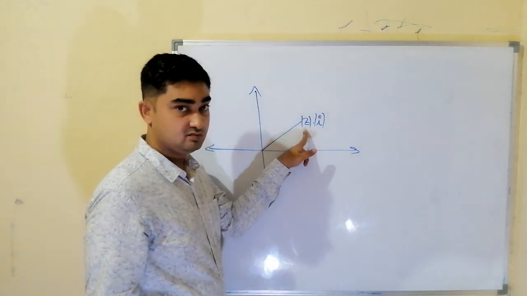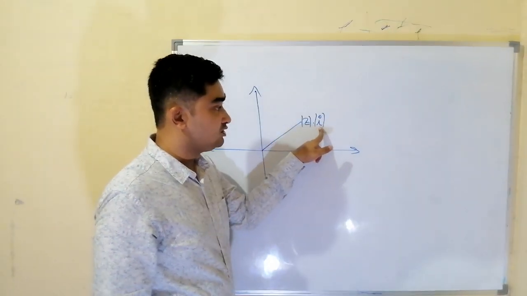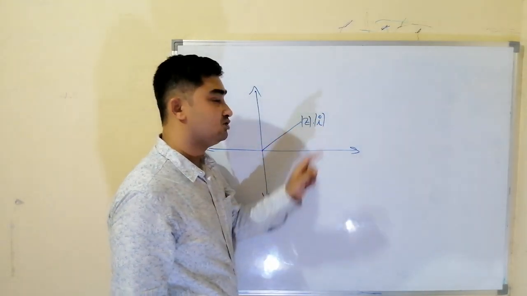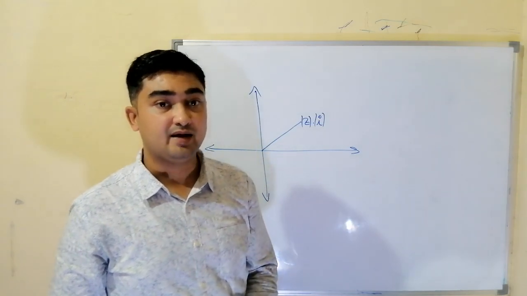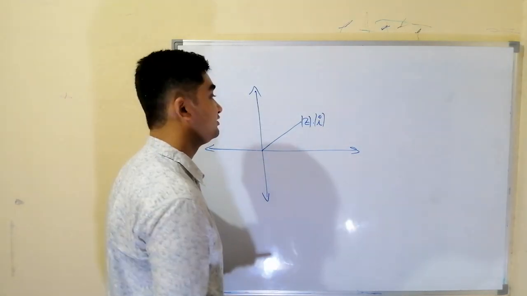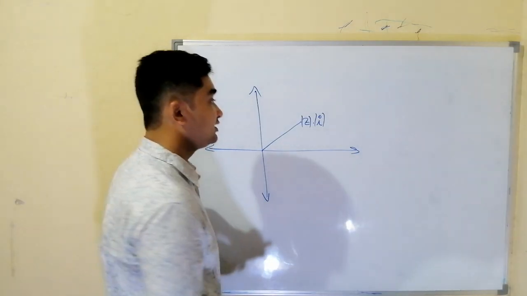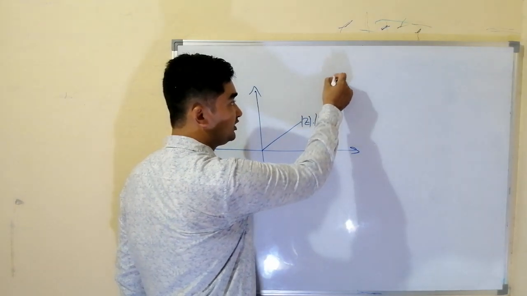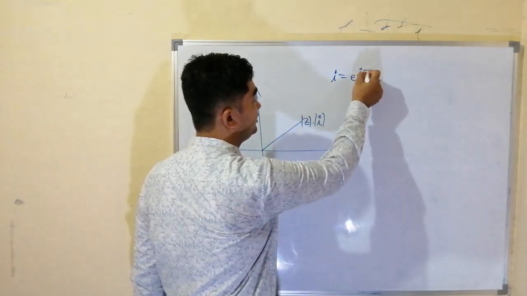The modulus of this is mod of z. What is the modulus of iota? It is 1. That means on multiplying a complex number with iota, the magnitude will not change. But what will happen to the argument? What is iota? Iota is nothing but e power iota pi by 2.